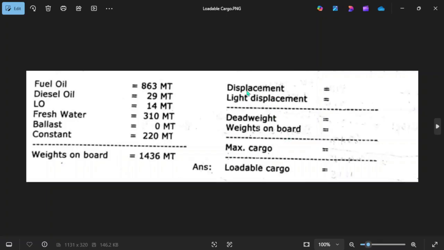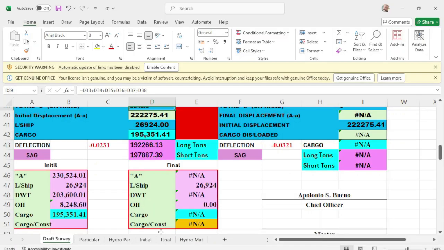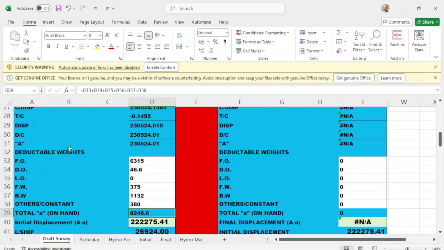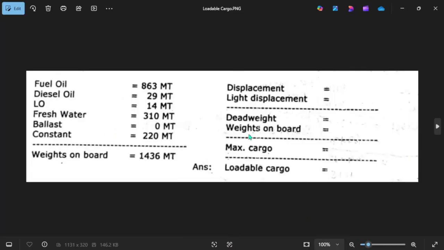So, of course, you have displacement, which is this one, 23052, which is this one that I show you, or your true displacement, or your corrected displacement, minus your light ship, which is this one. So light ship or light displacement, you deduct, and that will be your deadweight.